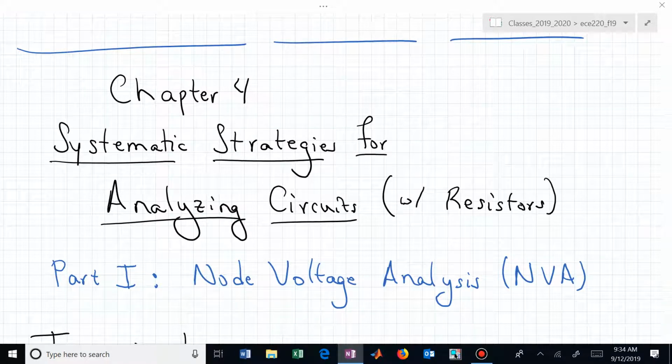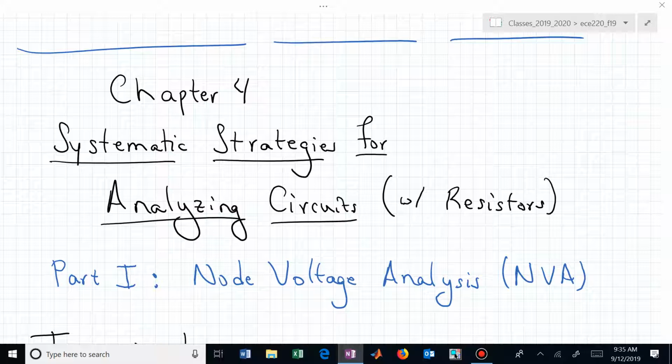And this first set of material in Chapter 4, we will talk about node voltage analysis, NVA. And that's what I'm labeling Part 1, and I'm thinking on D2L, this will probably be Unit 4, node voltage analysis. Chapter 4 will be distributed across several units in D2L.